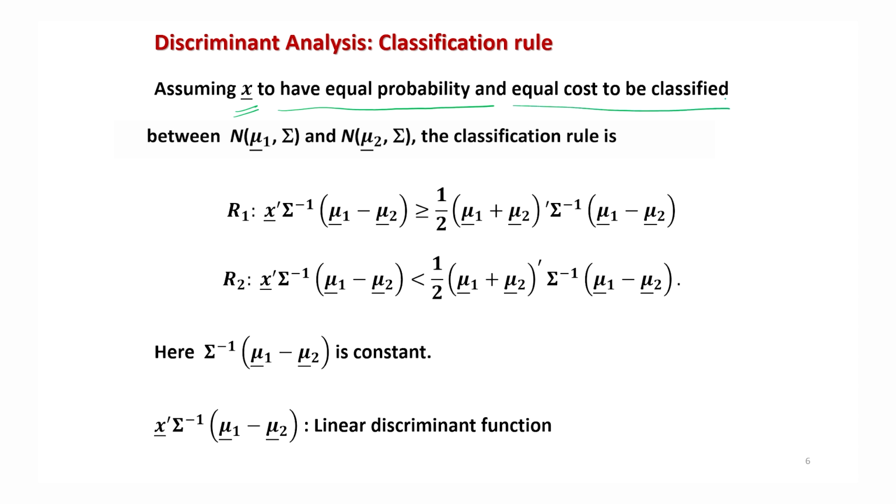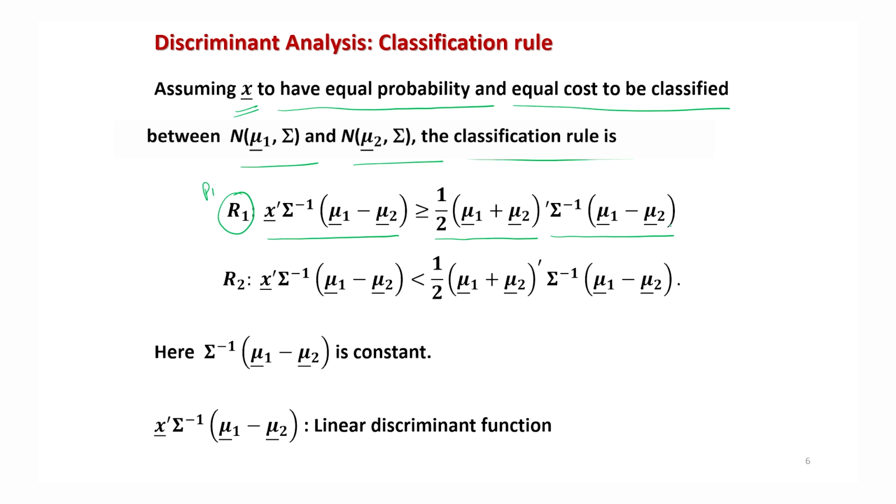Based on that, we now have two populations, normal(mu1, sigma) and normal(mu2, sigma). So my classification rule becomes: the observation is classified into the region R1, which belongs to P1, when x transpose sigma inverse (mu1 minus mu2) is greater than or equal to 1 upon 2 (mu1 plus mu2) transpose sigma inverse (mu1 minus mu2).